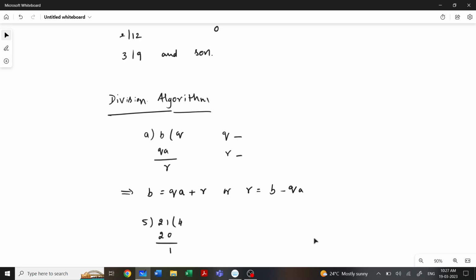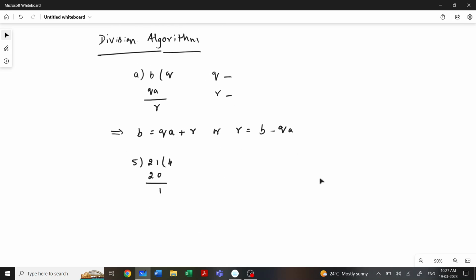Generalizing, 21 can be written as 4 times 5 plus 1, or in another way, 1 can be written as 21 minus 4 times 5, that is 20.